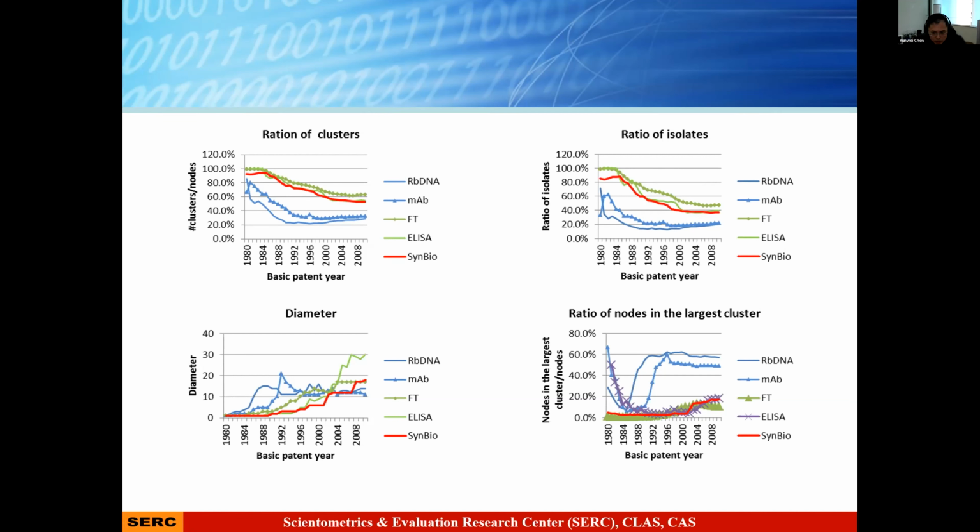If we compare to the other four technologies at their early stage, and normalize these five at the beginning stage, maybe synthetic biology is half close to impelling technologies and half close to non-impelling technologies.